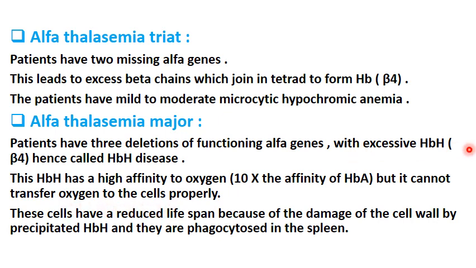This is hemoglobin H disease, in which there is deletion of 3 functioning alpha genes. You have to remember that hemoglobin H has high affinity to oxygen, but cannot transfer enough oxygen to the cell properly. These cells have reduced lifespan because of damage of the cell wall by precipitated hemoglobin H, and subsequently they will be phagocytosed in the spleen.